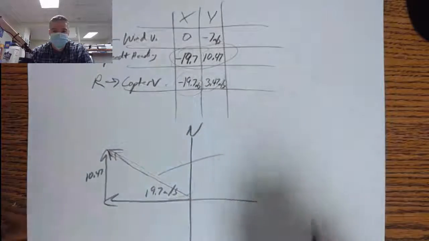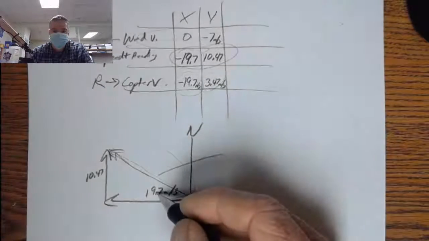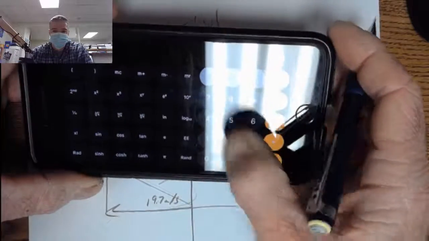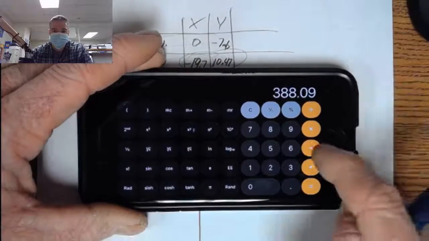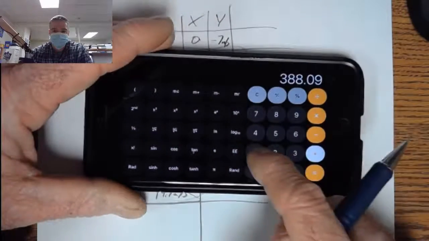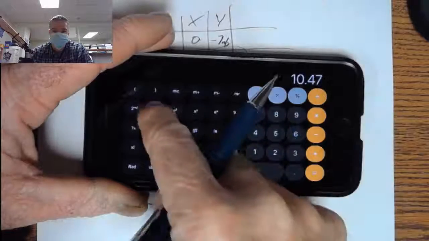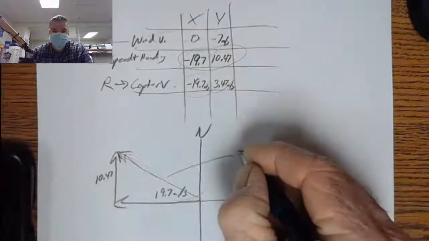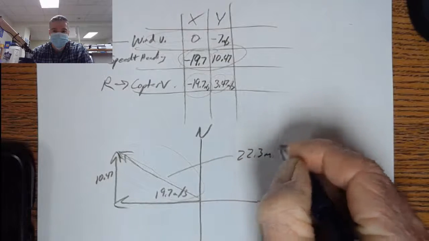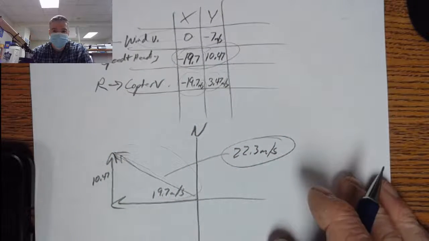So to get that value, it's just the square root of this plus this. You can use the Pythagorean theorem. So 19.7 squared, sorry about the glare, plus 10.47 squared equals, and then take the square root, 22.3. So that's how fast it's moving through the air.